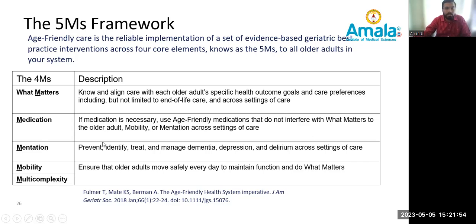Mentation or mind: to prevent, identify, treat, and manage. So identification of these, the 3Ds, dementia, depression, and delirium across settings of care. So we might have to screen for dementia, screen for depression and delirium to identify them, treat and manage them, because they are associated with a significant morbidity and mortality, especially with depression, with COVID, loneliness, social isolation, and they may not present as depression itself.